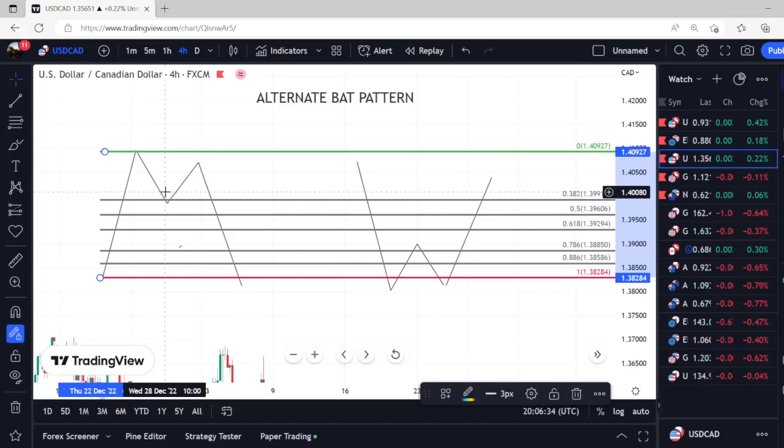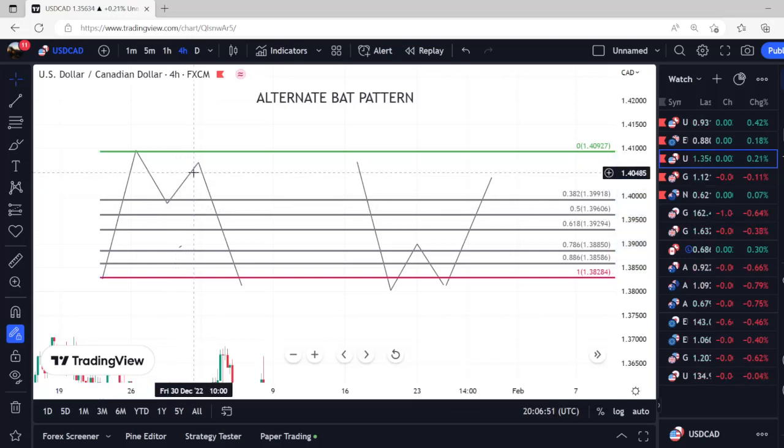So 3% is before the 0.382. It can also go beyond 0.382, but must not touch 0.5, for an alternate bat pattern. Then this retracement back here must not go beyond our A.